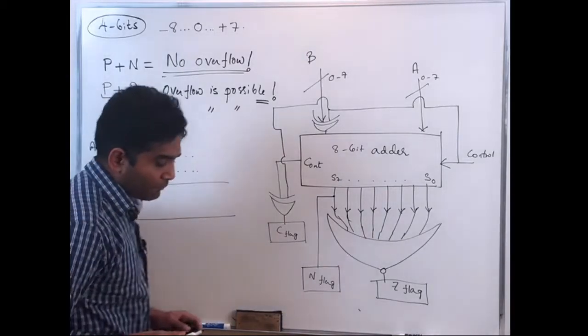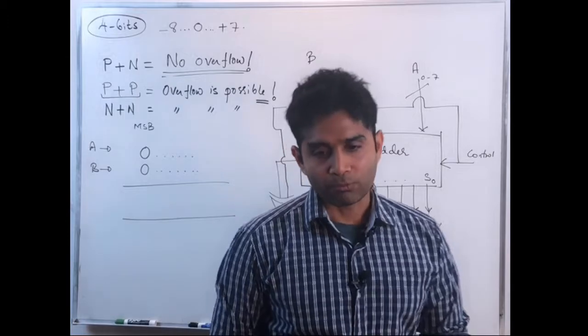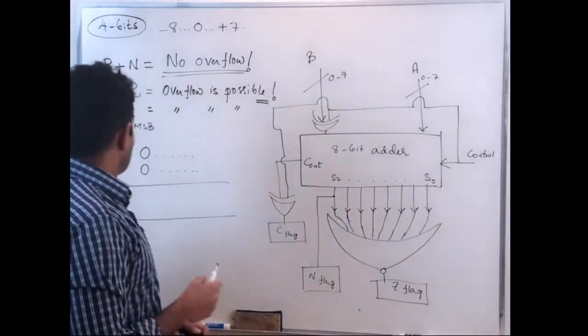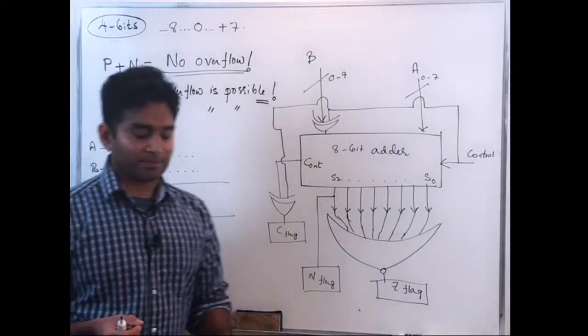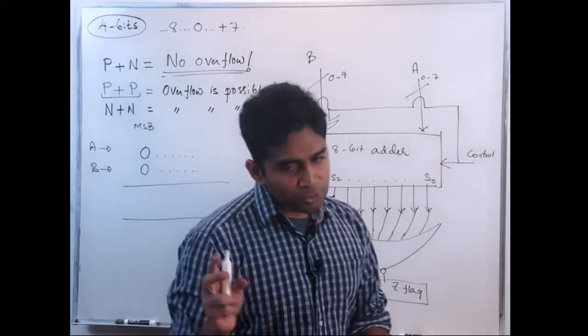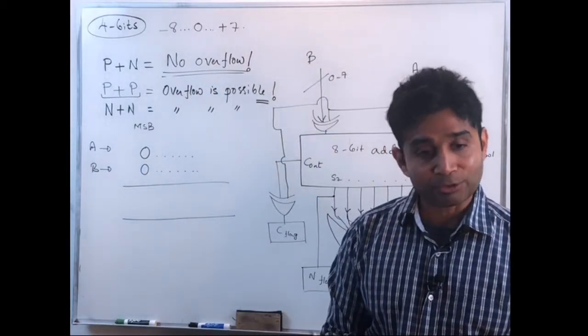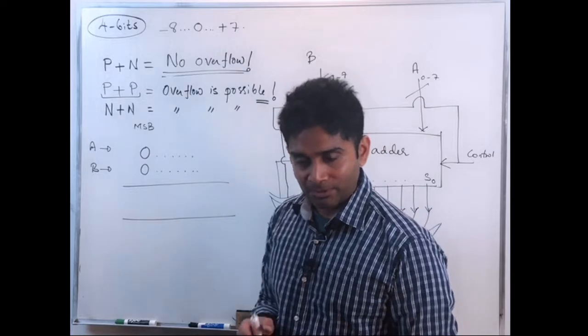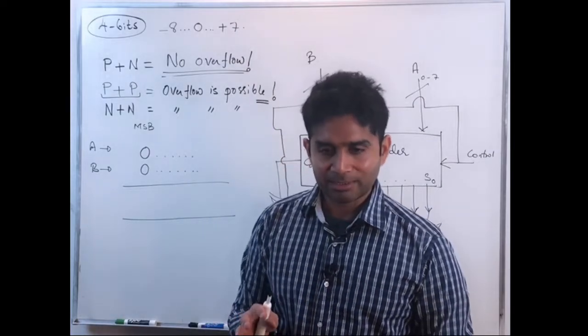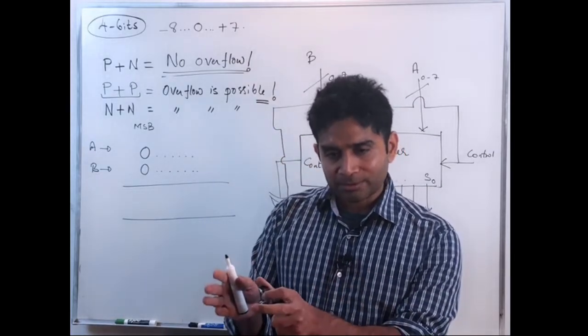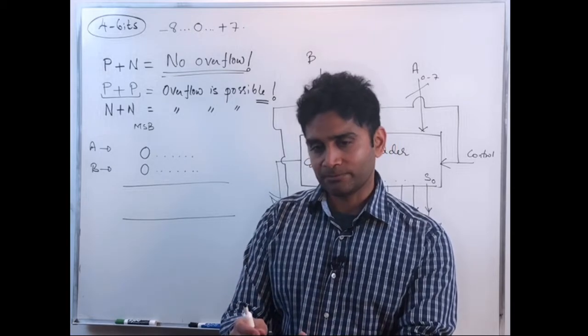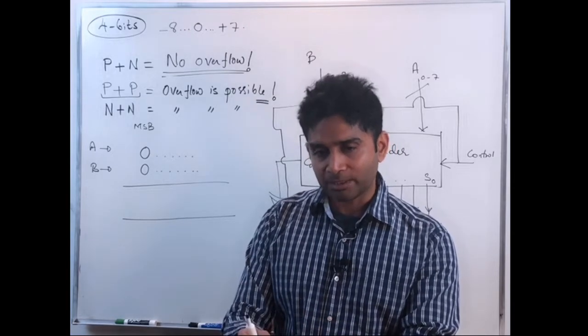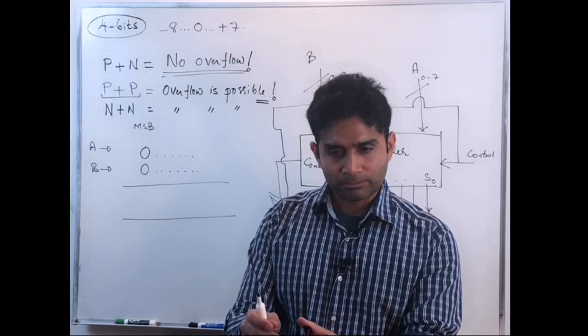All right. And now, when I'm adding these 2 numbers, if I want to test if I have an overflow, that means it should give me an answer that is unexpected. When I'm adding 2 positive numbers, I should get a positive answer. I should not get a negative answer. Are you with me till this point? When I'm adding 2 positive numbers, the most significant bit of the result should be a 0, should not be a 1.